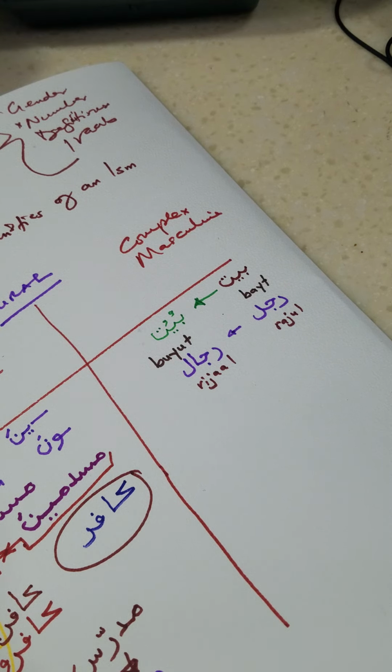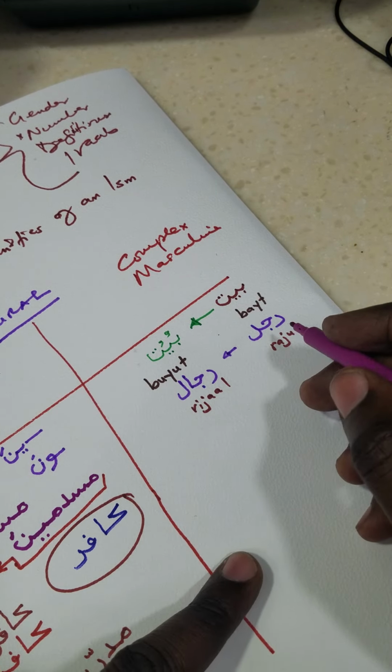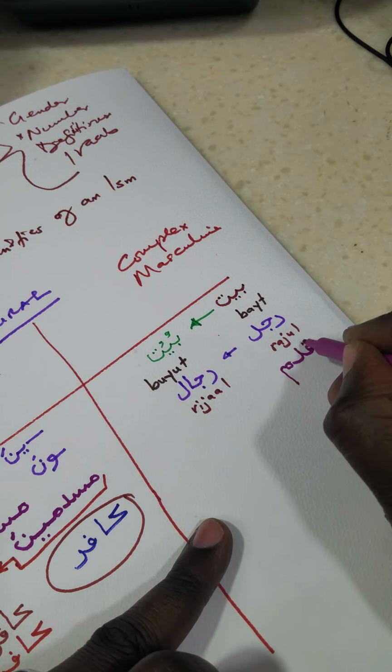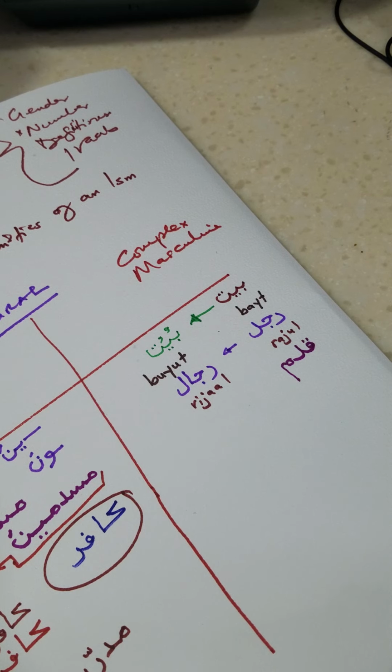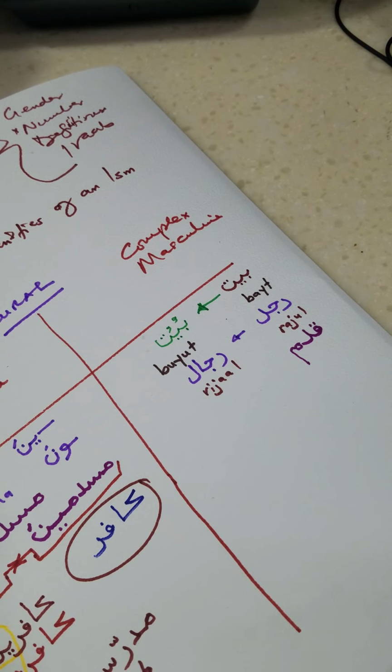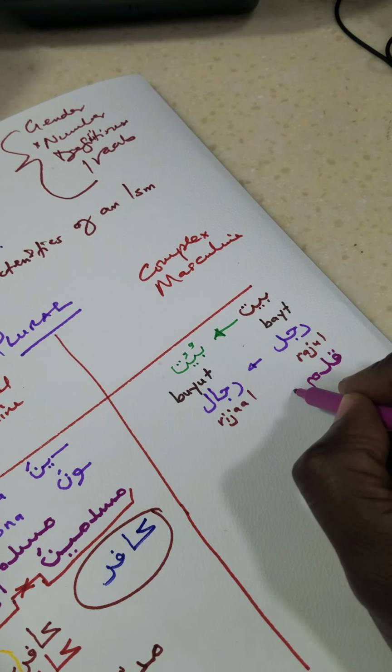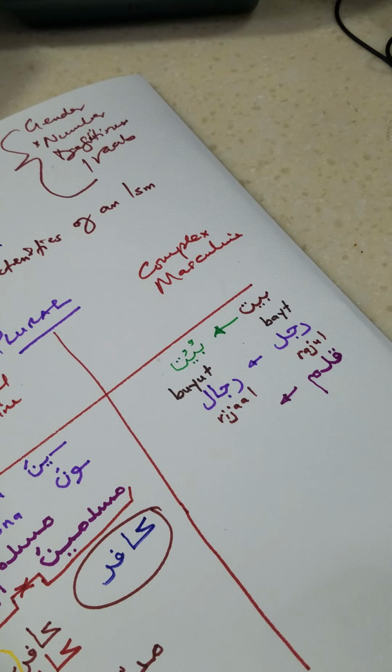Now take another example. A pen. A pen is known as kalam. In my home language, it will be hard to convince someone that this is an Arabic word because we call it exactly the same way. We smuggled it from the Arabs. Okay, kalam for pen. How about if there are many pens?